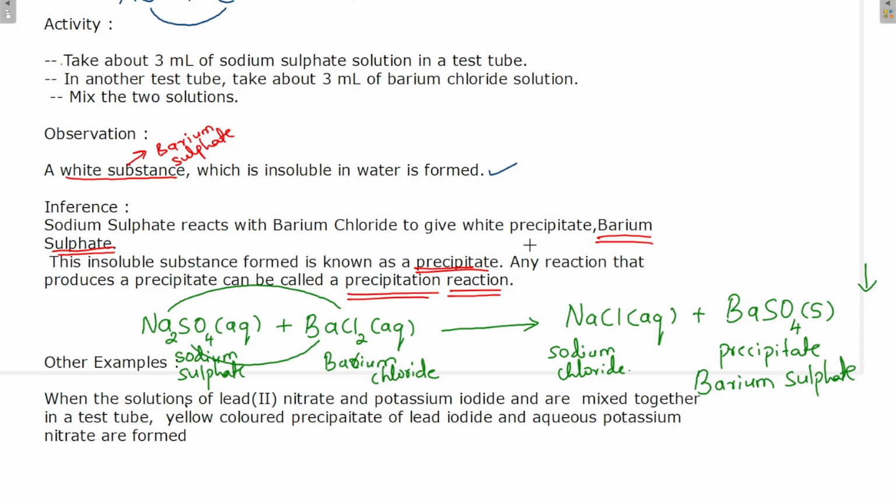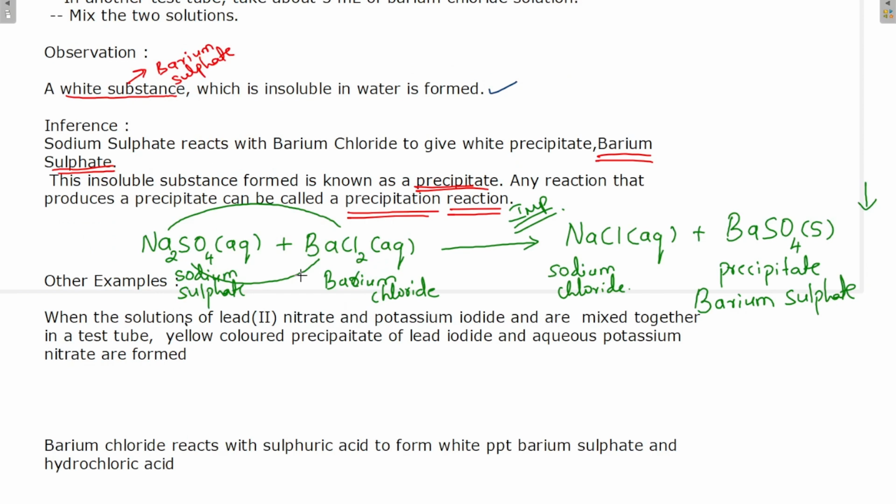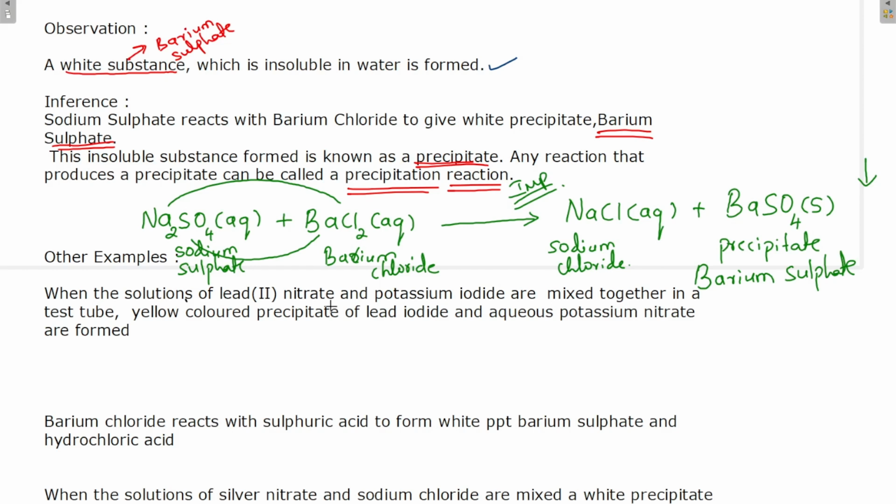As we are studying the types of reactions here, it is important to note the meaning of such reactions. Then we can consider a few more examples. When solutions of lead nitrate and potassium iodide are mixed together in a test tube, a yellow colored precipitate of lead iodide and aqueous potassium nitrate are formed. Let us write the equation for this reaction.